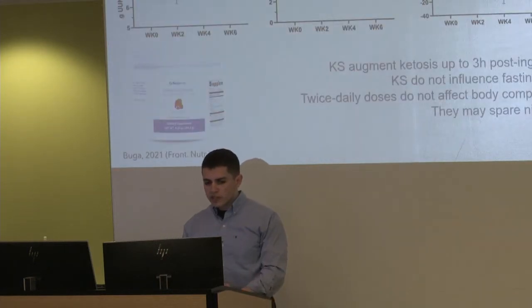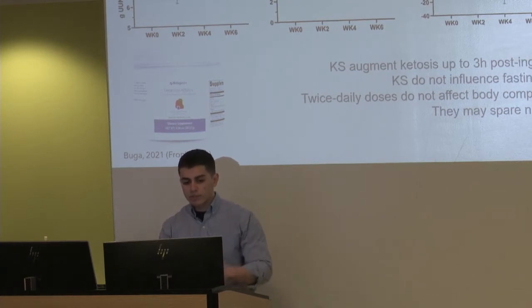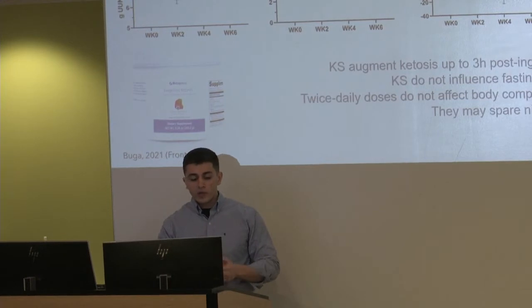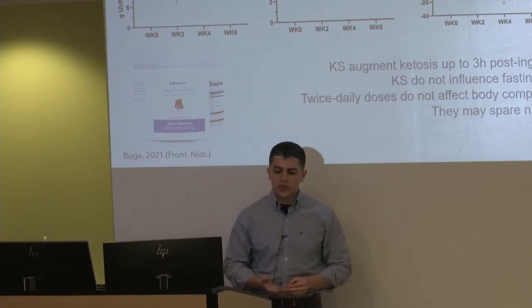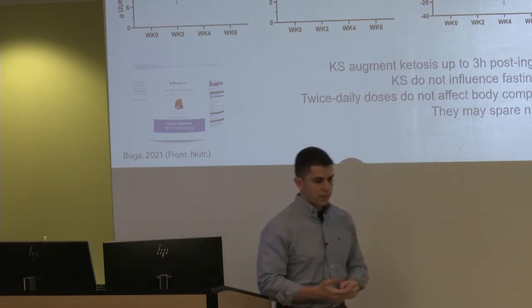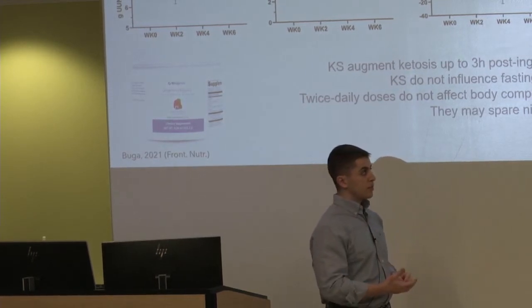This was my thesis, published a year ago. So remember what I said about the supplements, giving them twice a day? We noticed this effect of actually improving nitrogen retention. So if you look at the graph with the gray squares, this is being on a ketogenic diet without ketone supplements.